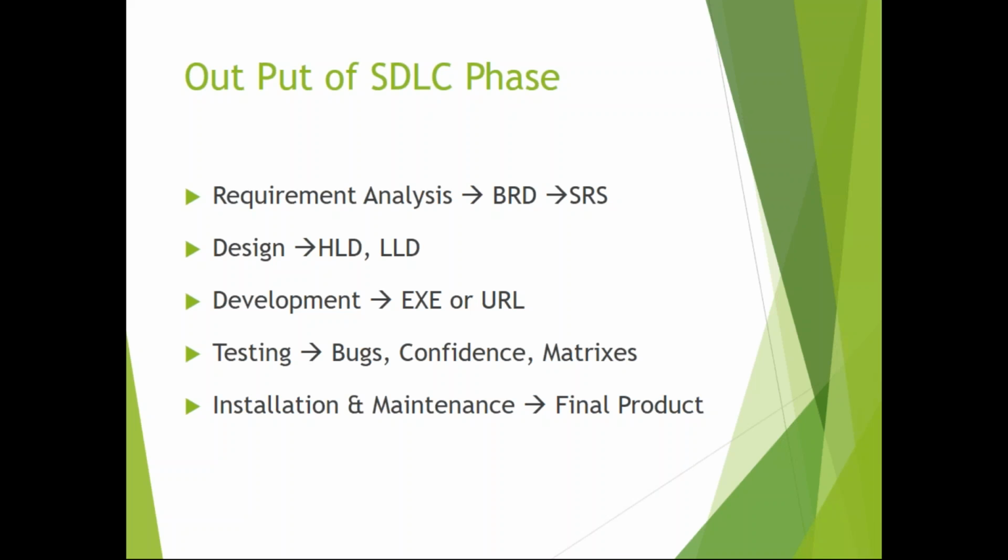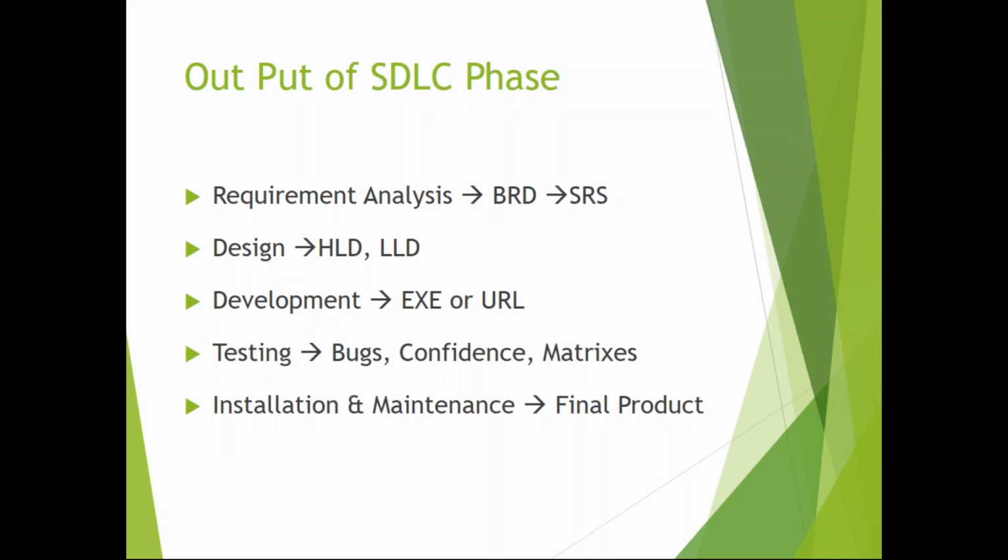Then the design phase. There are two outputs of the design phase, HLD and LLD. HLD stands for high level design and LLD stands for low level design. Under HLD, the application's architecture is mentioned, the flow and the bigger picture of the application. Under LLD, the prototype design is mentioned.